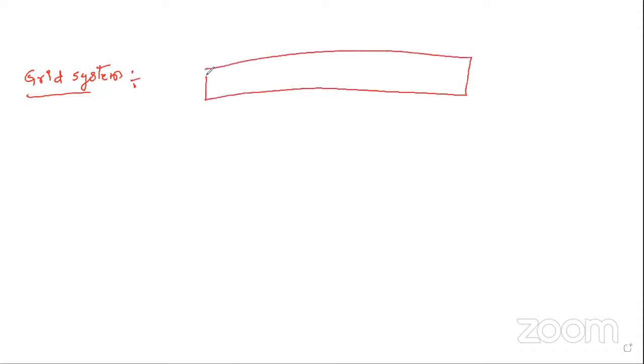Grid system. Each row is divided into 12 columns, guys.